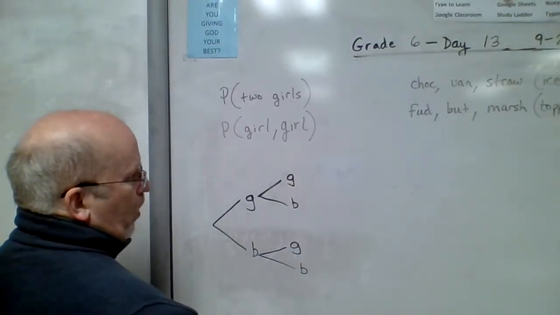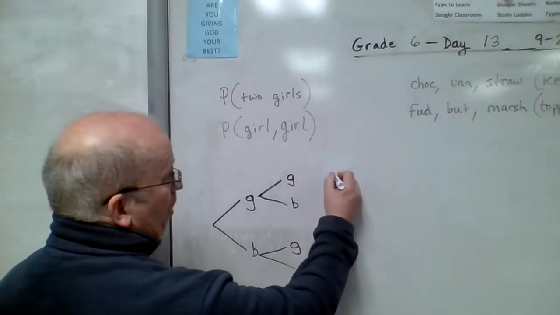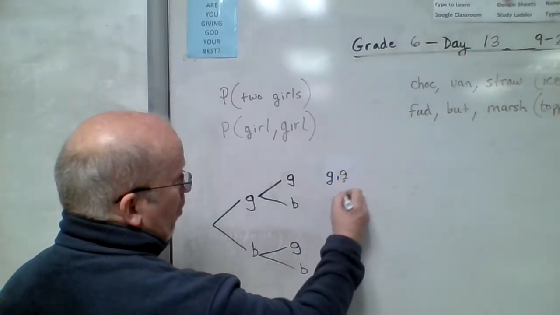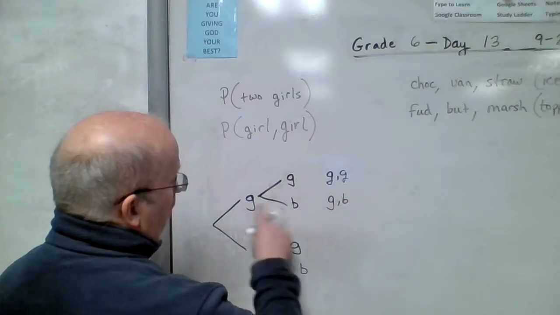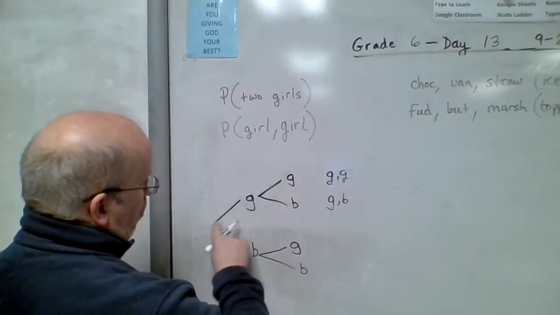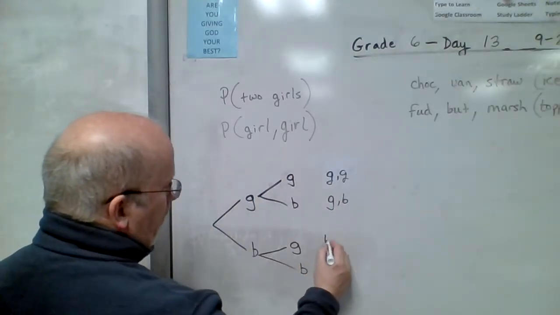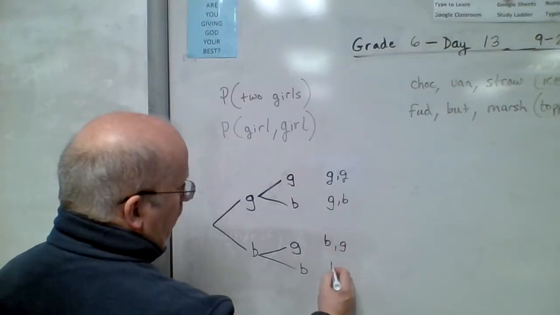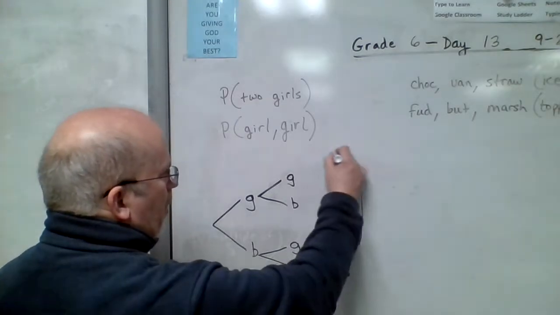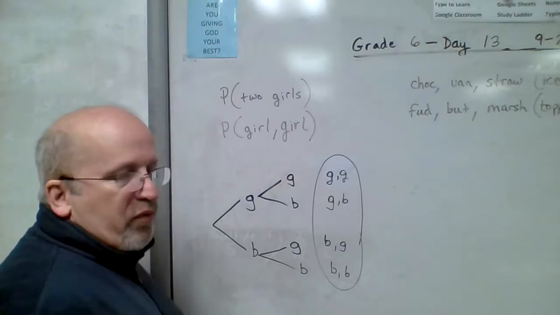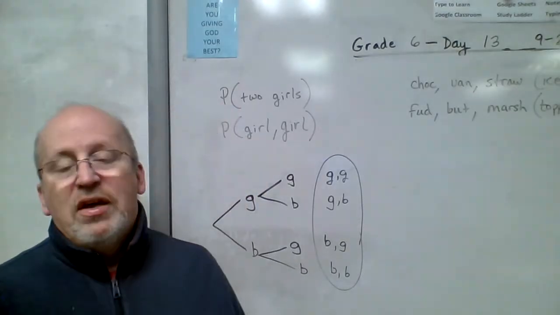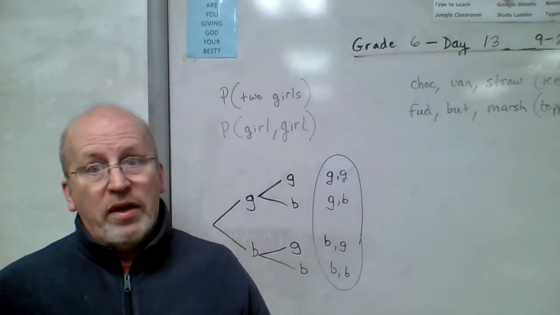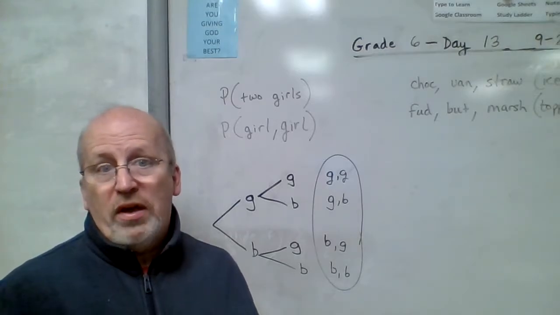Now, what are the sample outcomes? They could either have a girl then a girl. They could have a girl then a boy. I'm just traveling the pathway. They could have a boy and then a girl, or a boy then a boy. Notice there's 4 different ways that they can have a combination of boys or girls in this situation.